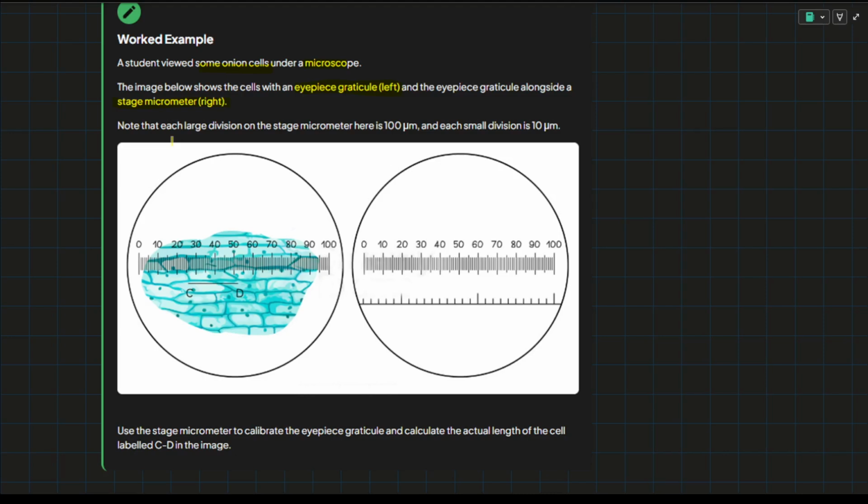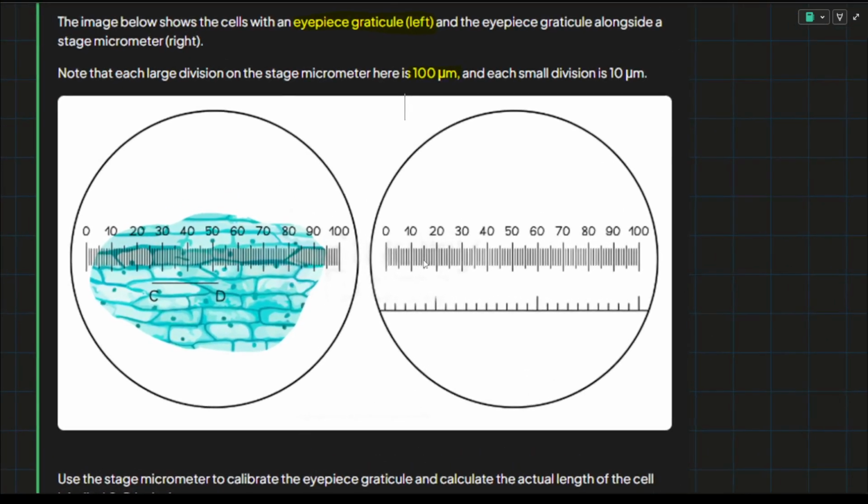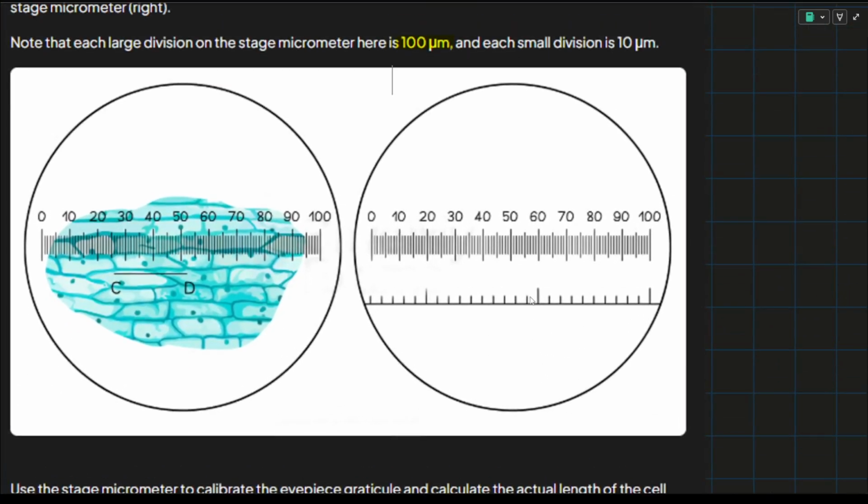If the two things confuse you, it should not. The eyepiece graticule has a lot of units, meaning small divisions like this. The stage micrometer does not have that many units at all. Now note that each large division on the stage micrometer here is 100 micrometers. So let's label that. Now this is a large division, this is a large division, this is a large division.